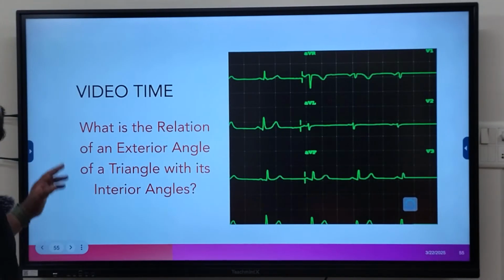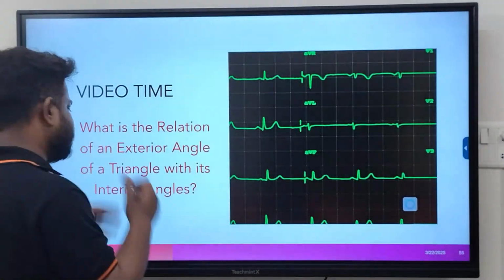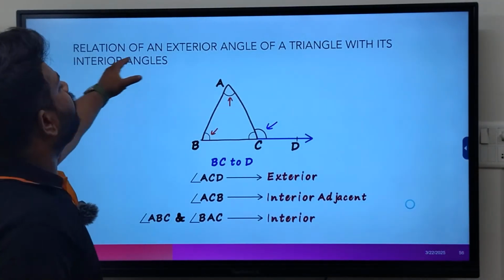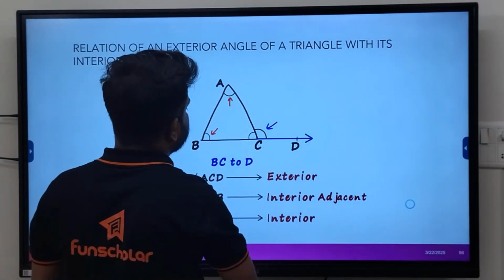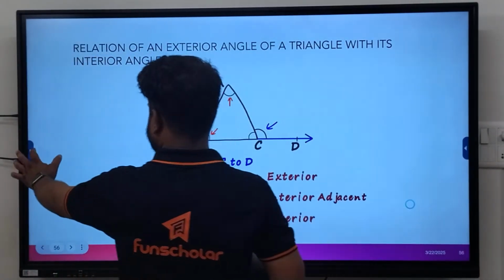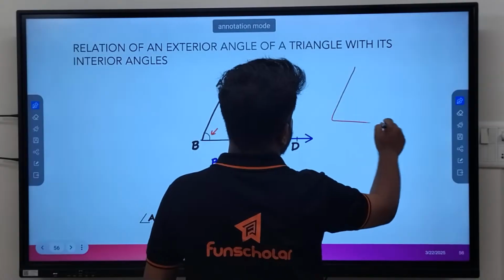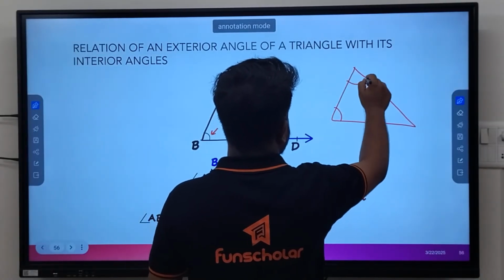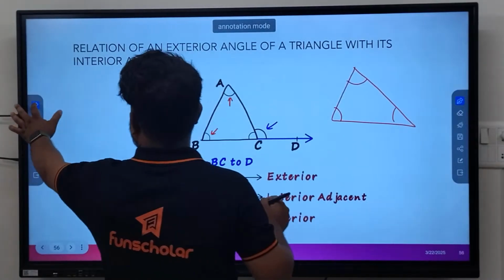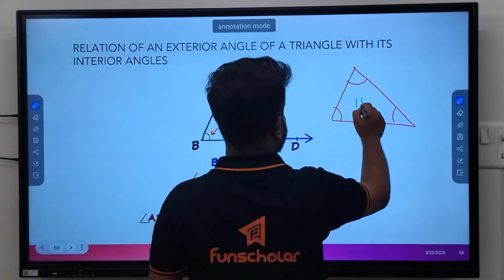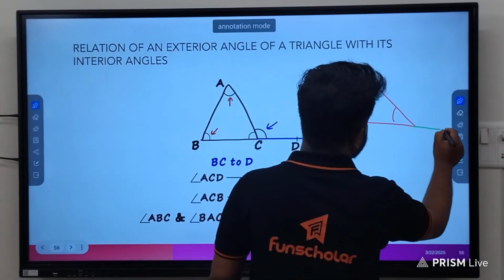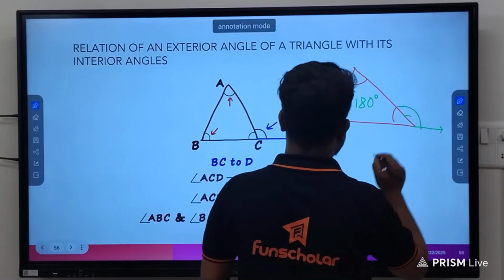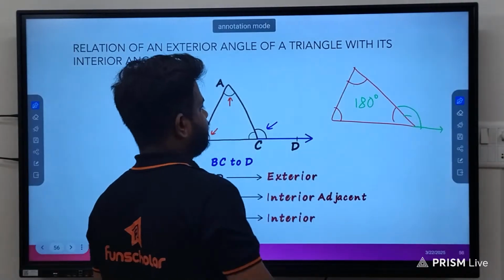Okay, there is another video: what is the relation of an exterior angle of a triangle with its interior angles. I am not playing the video, let's discuss it further. The relation is simply that we already know from the angle sum property that a triangle's 3 angles sum to 180 degrees, right? If we extend a side a little bit, the exterior angle becomes the sum of the 2 other angles.